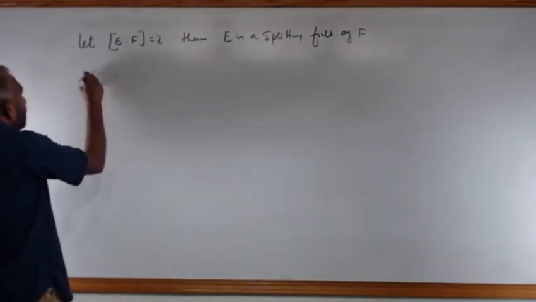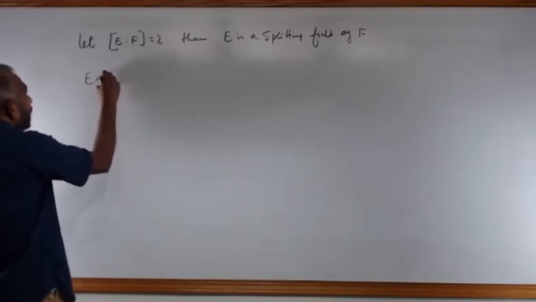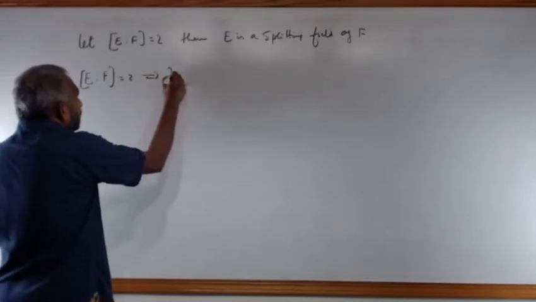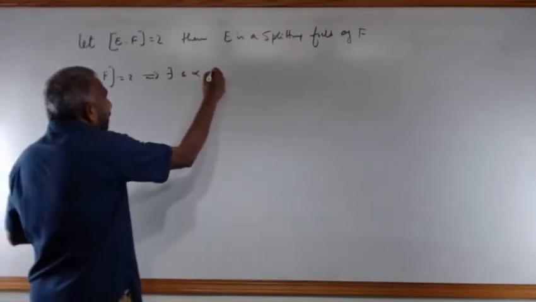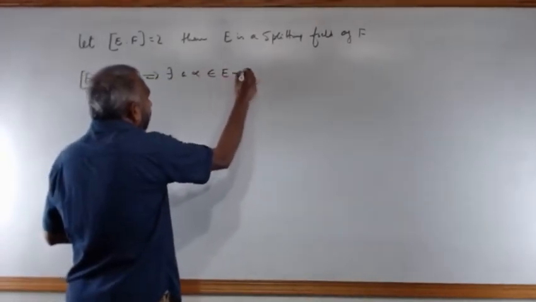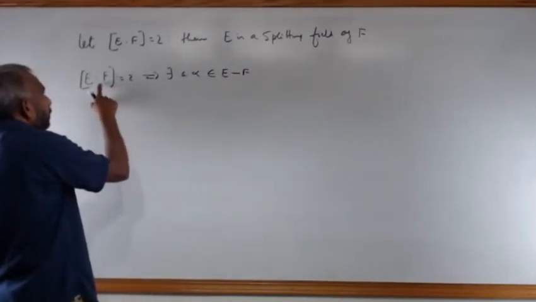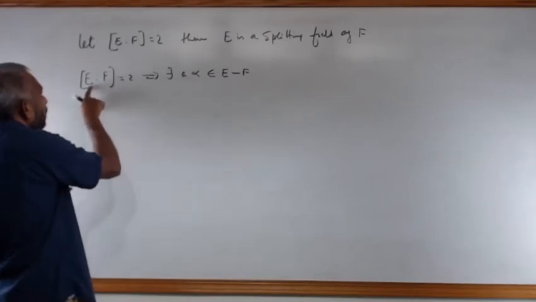So the degree being 2 implies there exists an alpha in E minus F. If the degree is 1, then F is equal to E. If it is greater than 1, there should be at least one element in E which is not in F.